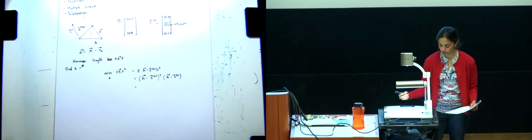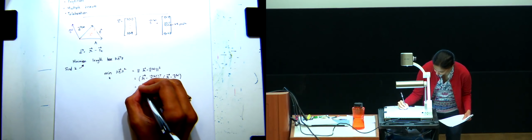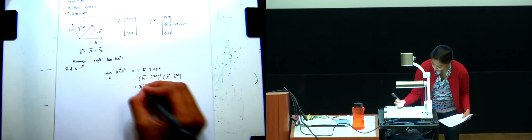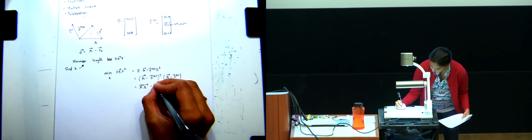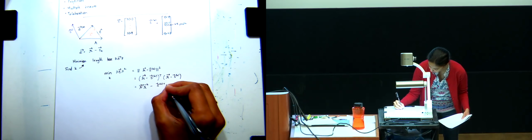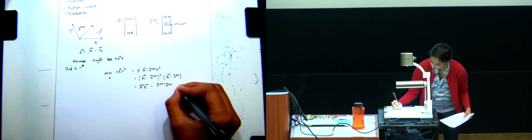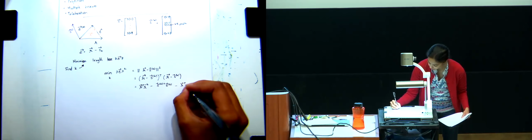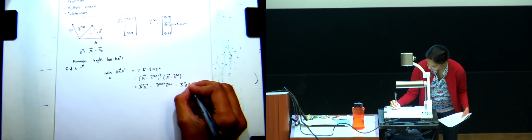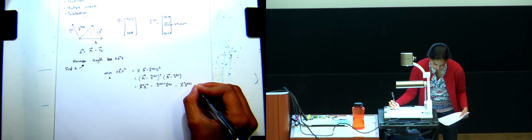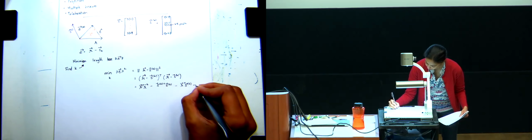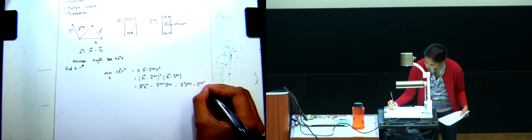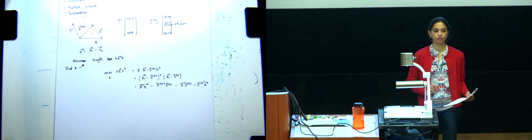And then we can use the distributive property to write this out again. So we get R transpose R minus R transpose Sk. And then we have these two terms, minus R transpose Sk, and we have minus Sk transpose R, right? We have these terms.